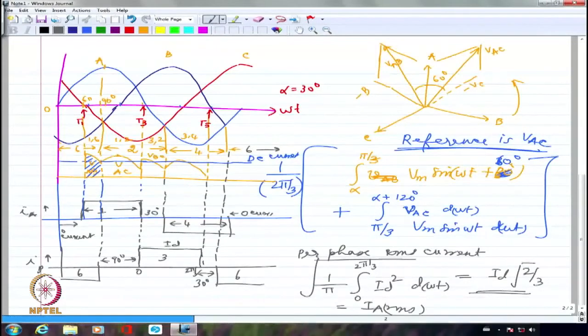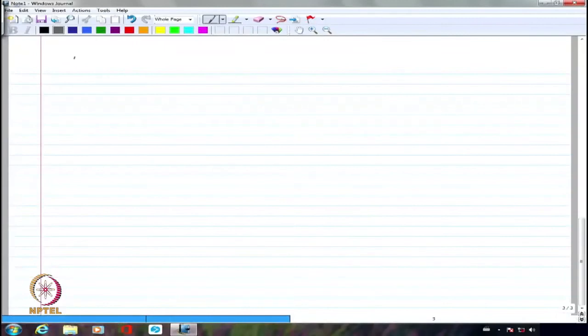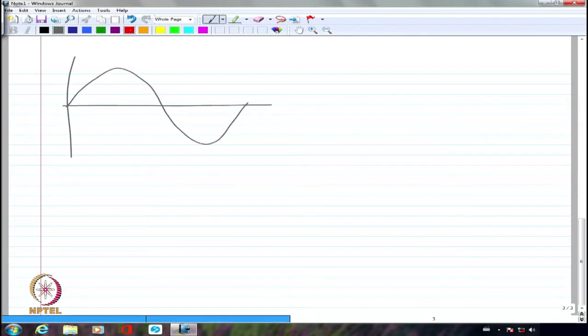Okay. So let me take again the 3-phase waveforms. So these are the 3 phases. This is A, this is B, and this is C. Let's take maybe not 60, shall we go 90 or a little more than 90.